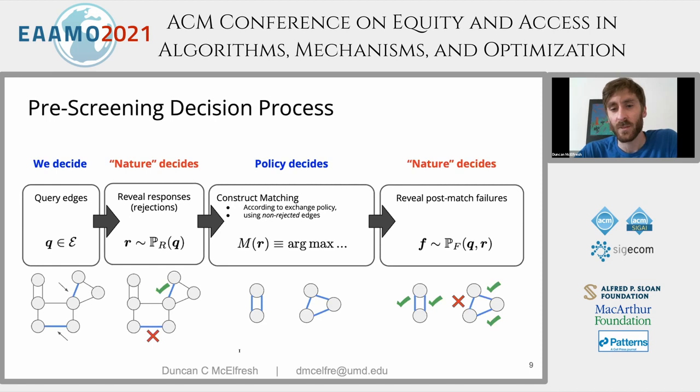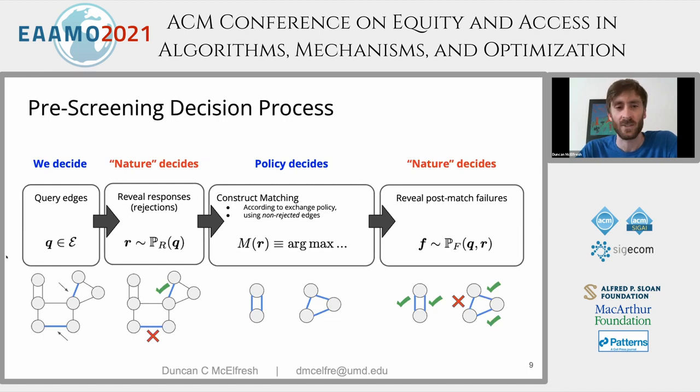Then in the next step, we rerun our matching, and this is run by a fixed policy. Usually we can't change kidney exchange policies very easily. That's the motivation for this work. So we run through our matching policy, and then finally, some of those edges will fail again due to other reasons. This could be donor-recipient preferences, or this could be medical compatibility reasons.